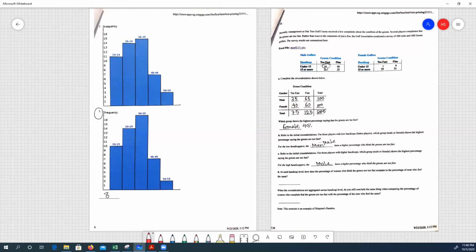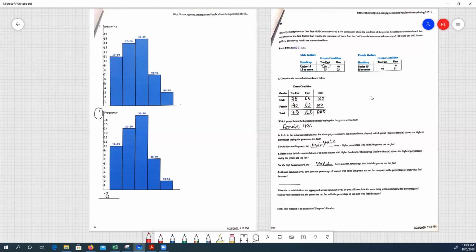Under 15 too fast for the male group is 10, and for the female group is 1. So if you calculate the percentage, then you will see that men have a higher percentage than the women who think that the greens are too fast.